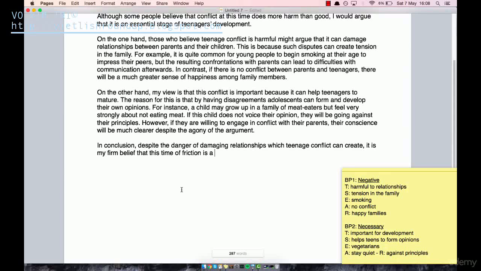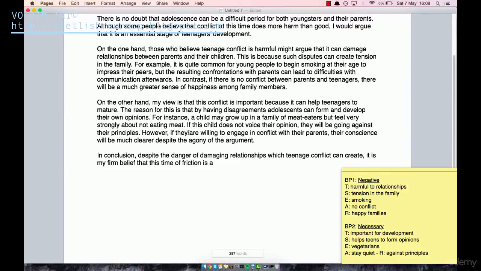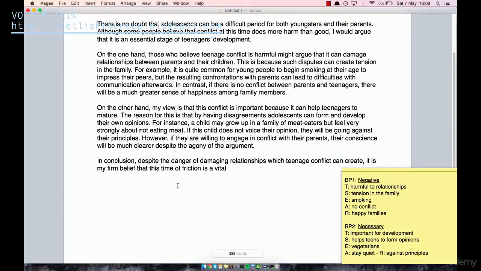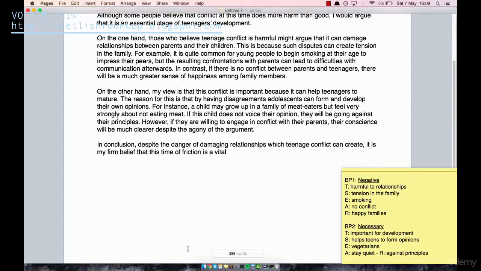essential, important. What else did we have? Necessary. What's another one? Let's go with vital, crucial. Lots to think about here. These are the words that you need to have a lot of synonyms for because they come up all the time. Vital, crucial, important, essential, necessary, things like that. So it is my firm belief that this time of friction is a vital step on the path to.